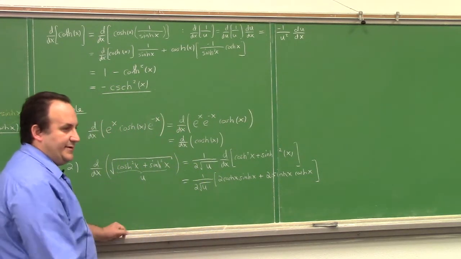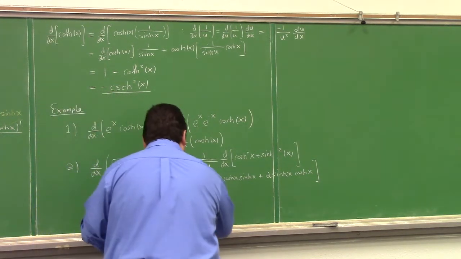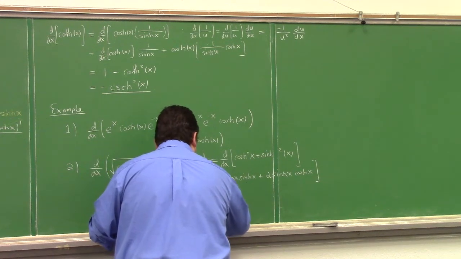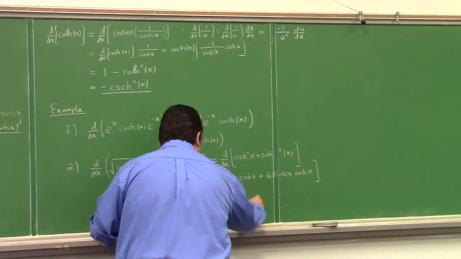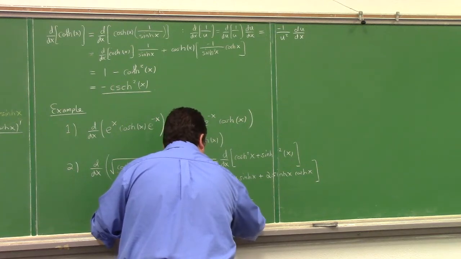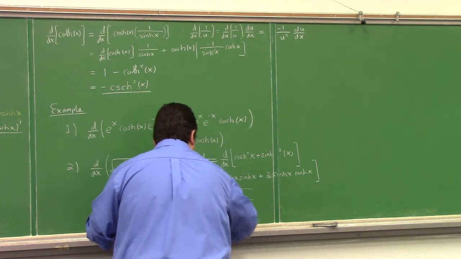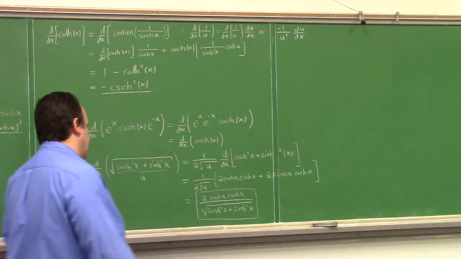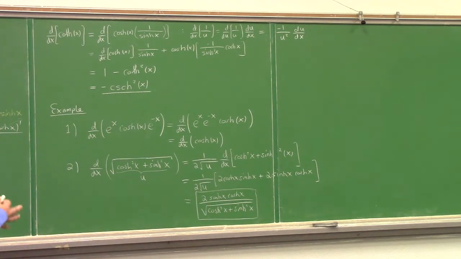You notice there's a 2 everywhere. We can cancel it out. And what we have is 2 times sinh cosh divided by the square root of cosh squared plus sinh squared. That is a straight down the middle problem I would expect any B student in my class to do without a lot of effort. This is something you should be able to differentiate on the next test, for example.